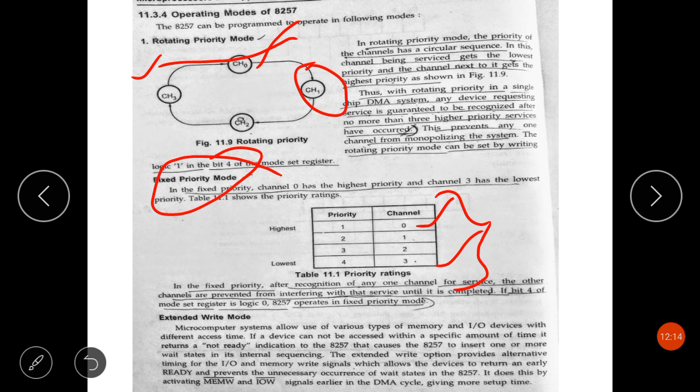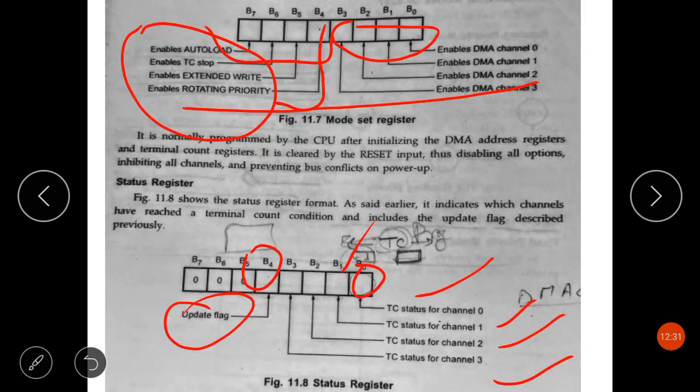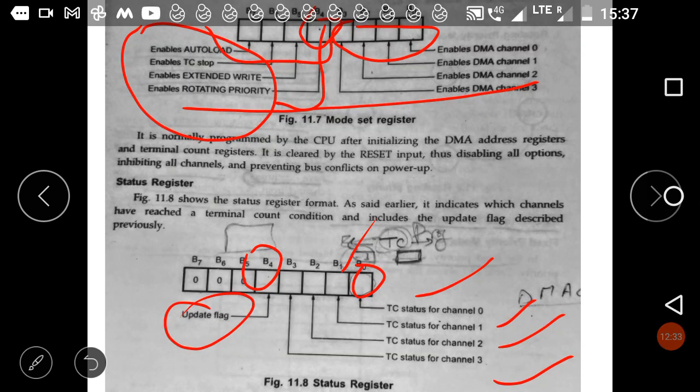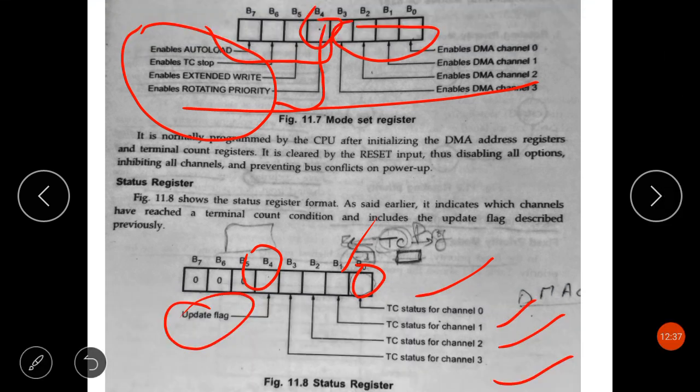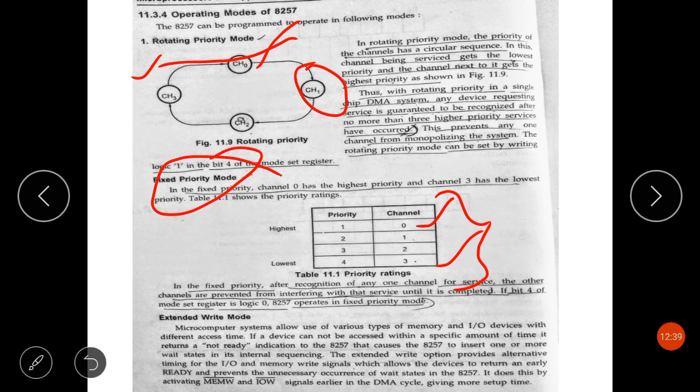So if all four channels are trying to transfer data, they will transfer the data as per whatever priority mode is set for the 8257, depending on this bit 4, and the channels will get prioritized and serviced in the manner mentioned here.